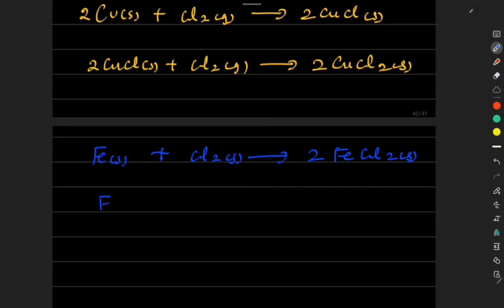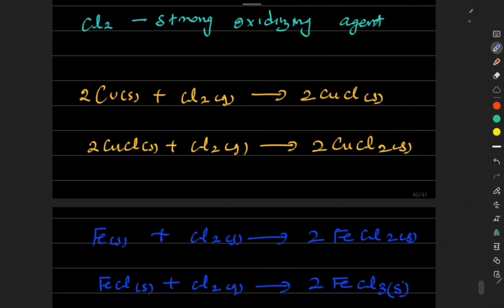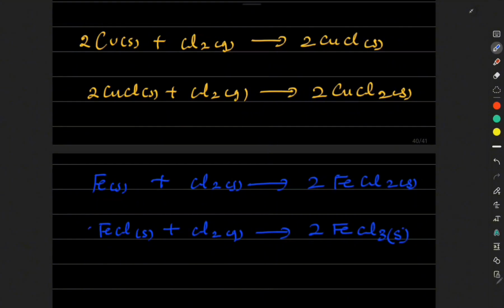And FeCl2 solid plus Cl2 gas produces 2FeCl3 solid. Let's balance these two.